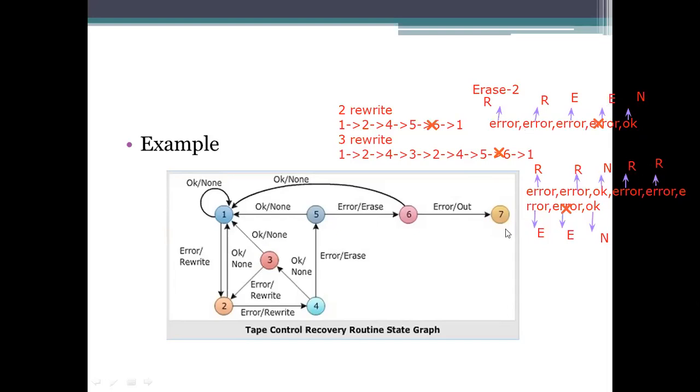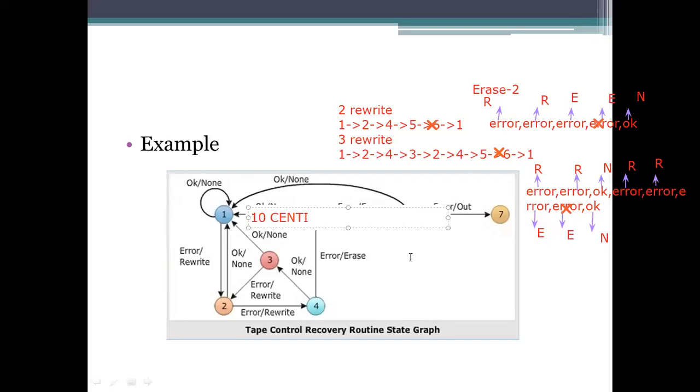Then we are reaching this 5th state and we are performing the erasing. After performing the erasing, if it is OK, then you will reach this one. At this step, this will erase 10 centimeters of the data.